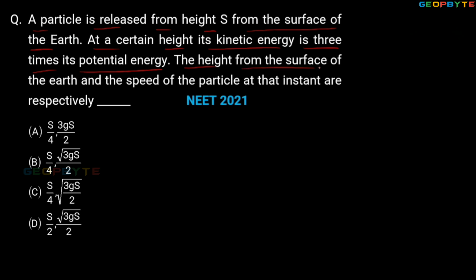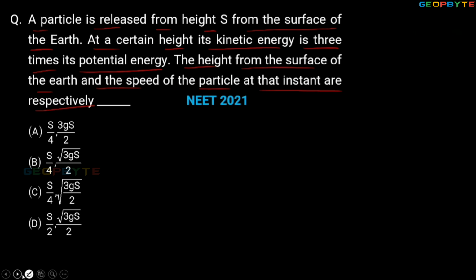What is the instantaneous height from the surface of the earth where the kinetic energy is 3 times the potential energy, and what is the speed of the particle at that instant?